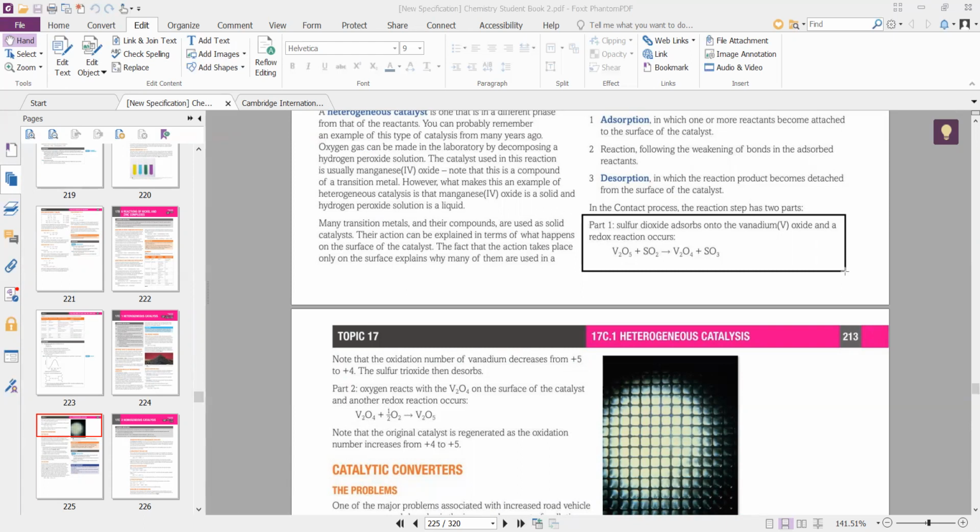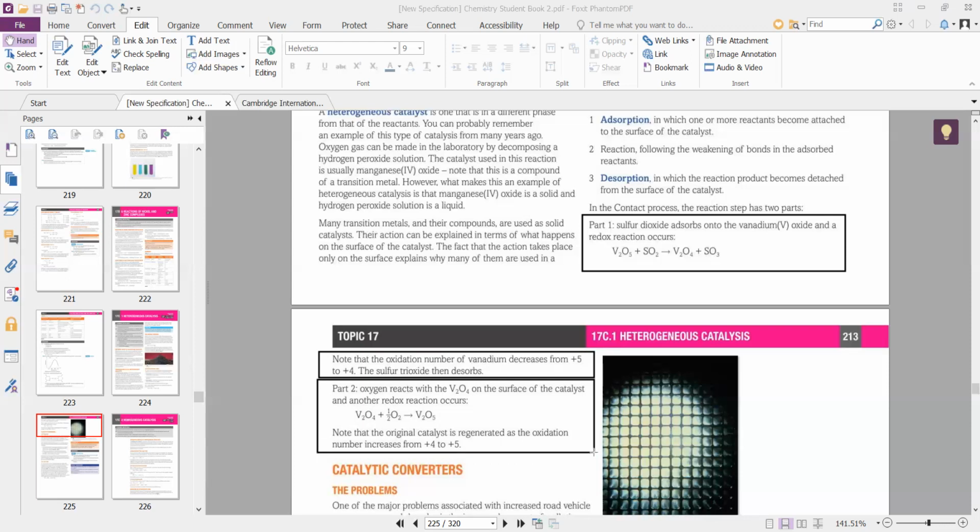V2O5 accepts sulfur dioxide and forms V2O4 and SO3. The oxidation number of vanadium decreases from +5 to +4. Then the formed vanadium 4 oxide reacts with oxygen to form vanadium 5 oxide back, so it remains chemically unchanged.